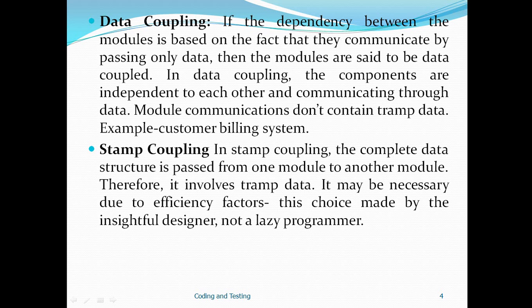The definition says that if the dependency between modules is based on the fact that they communicate by passing only data, then the modules are said to be data coupled. In data coupling, the components are independent of each other and communicate through data.